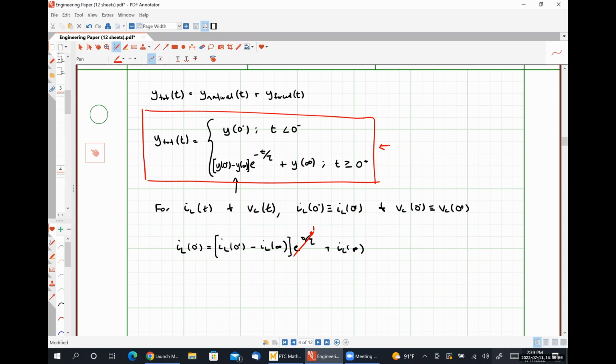If all of the independent sources are disconnected from our energy storage element during the transient condition, we don't need the forced response component, because everything is going to settle to 0.